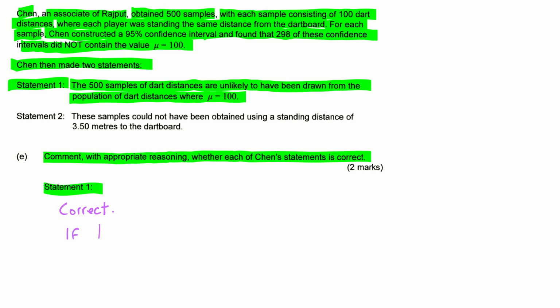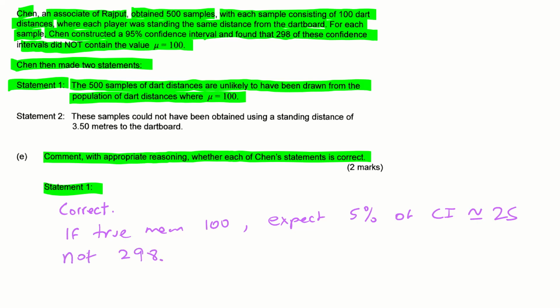If the true mean is 100, we'd expect 5% of confidence intervals, which is approximately 25, not 298. So the observed result is unlikely under mu is 100. You should write that down.